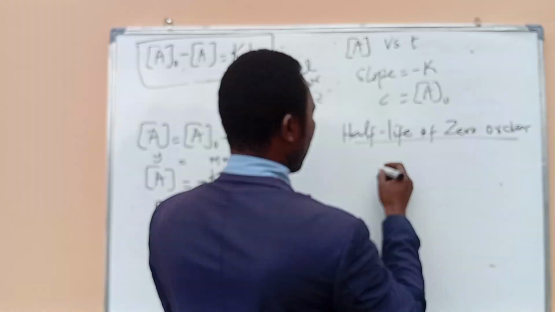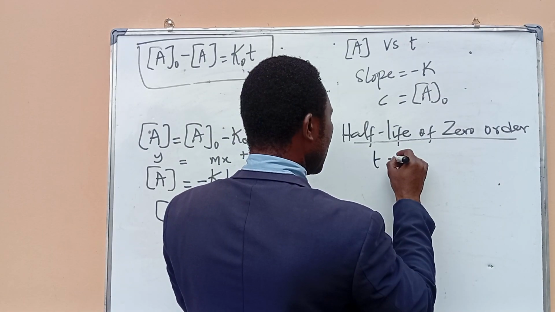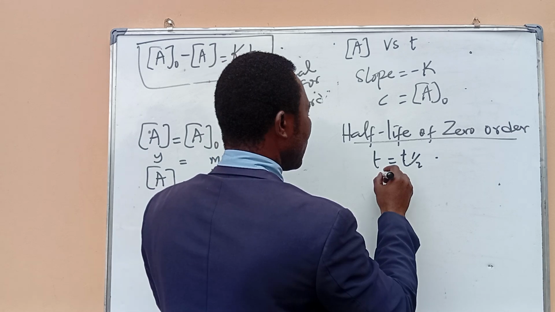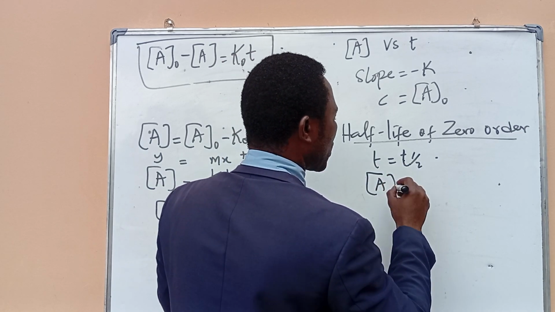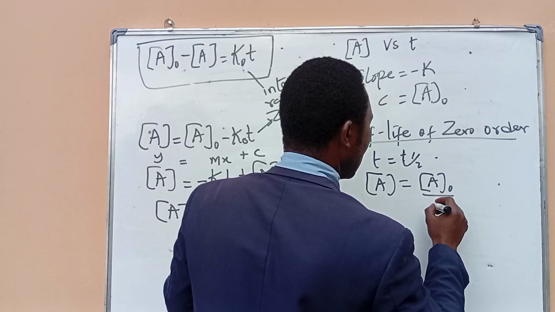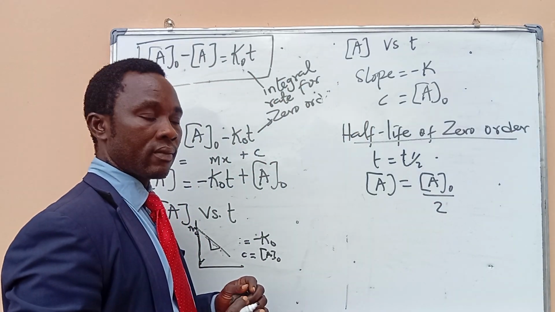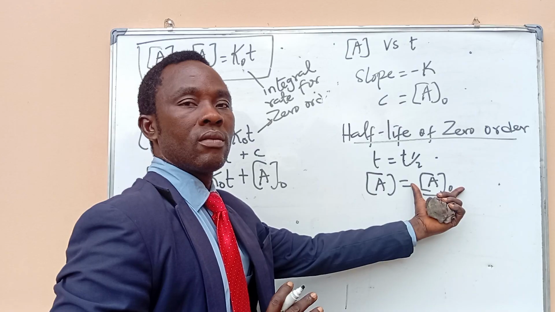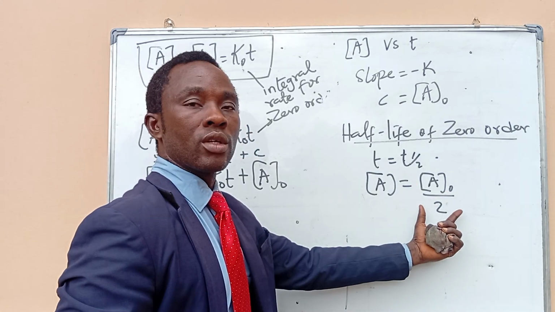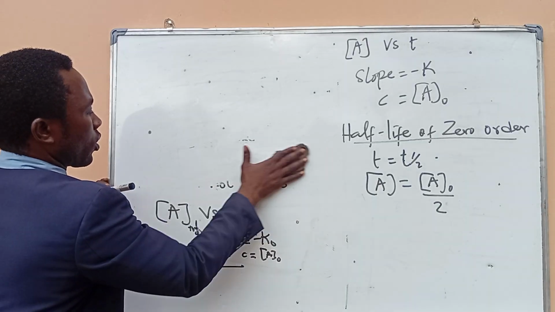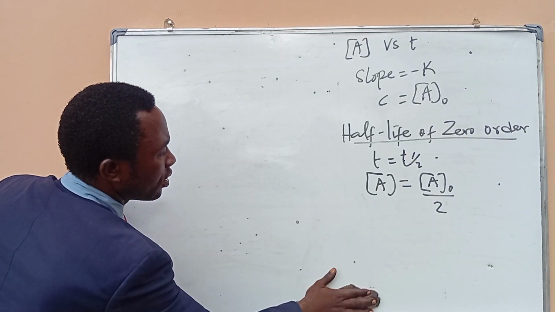So at half-life, T is equal to T1/2, and the final concentration becomes the initial concentration divided by 2. Can you see? The time taken for the initial concentration to be halved.